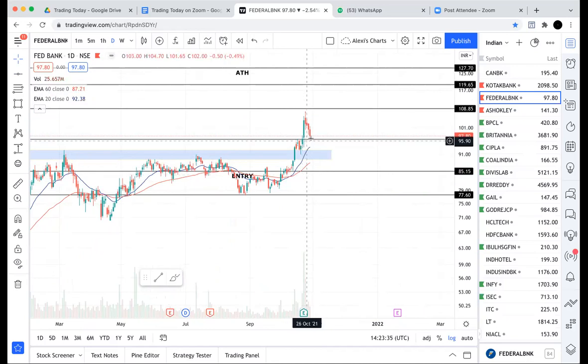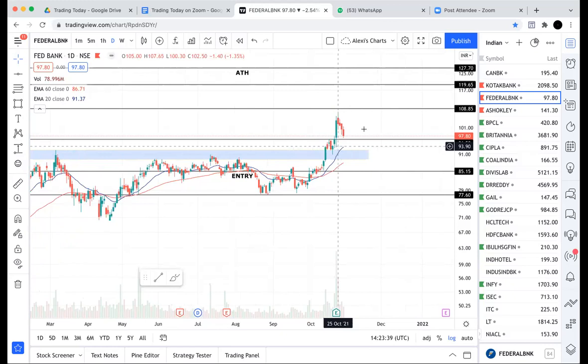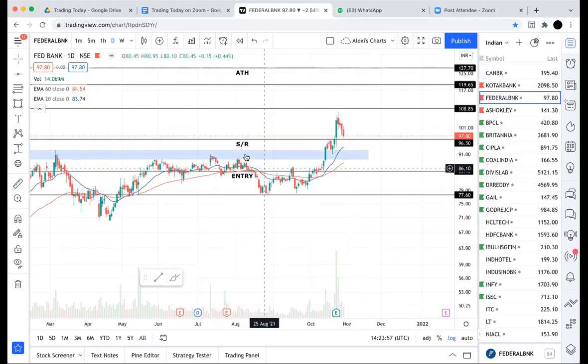So what can you expect? Well, this is what I would do. See this support resistance level line? I would take this, and sometimes you can even rename it, name it SR, support resistance.